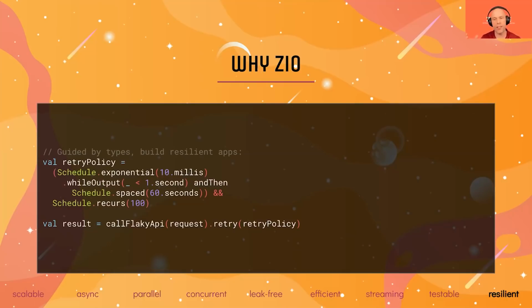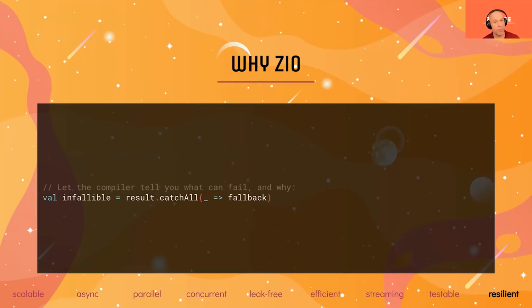And not only does ZIO give you the tools necessary to handle external failures, but the other type of failure that we need to be able to handle in order to build resilient applications is internal failure. And ZIO has, as Girish mentioned earlier, typed errors. It has a typed error channel. What that means is that just like the typed success channel, so Future of A, that A is your typed success value.